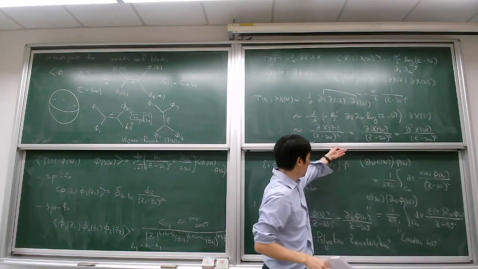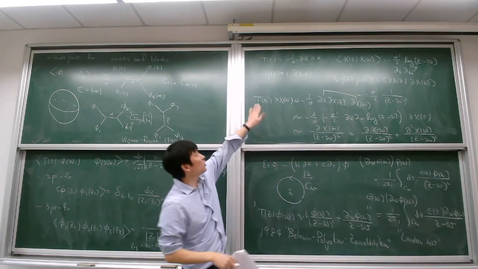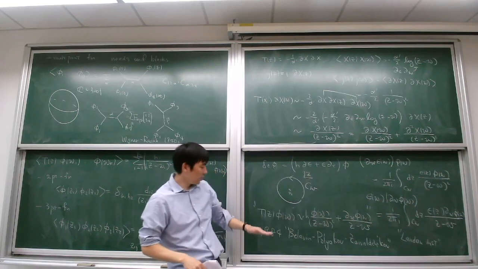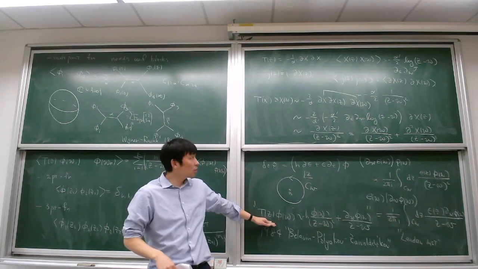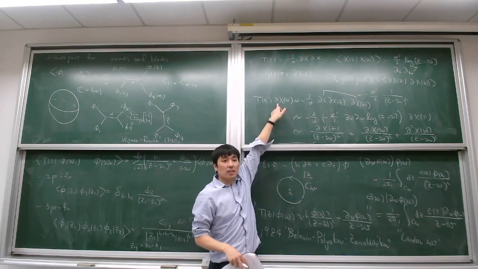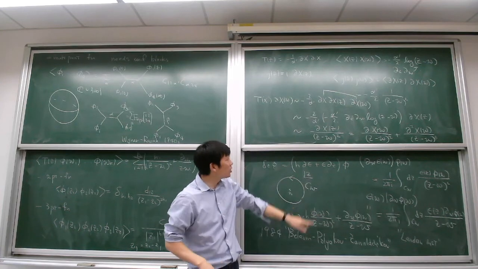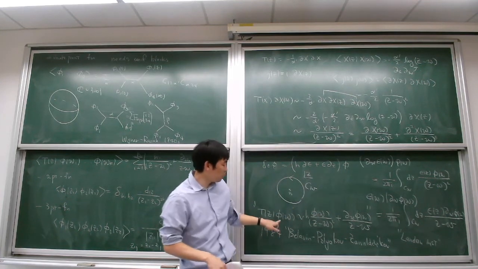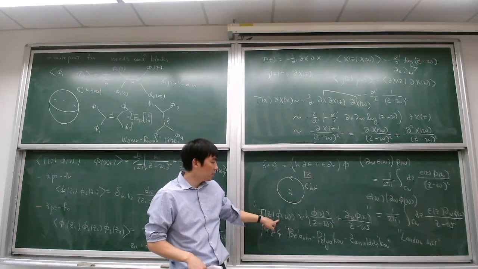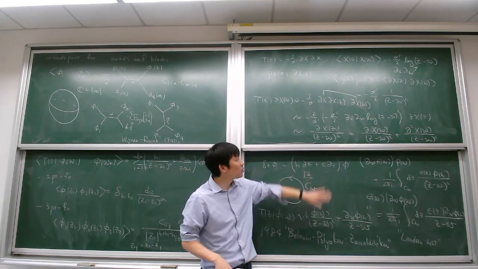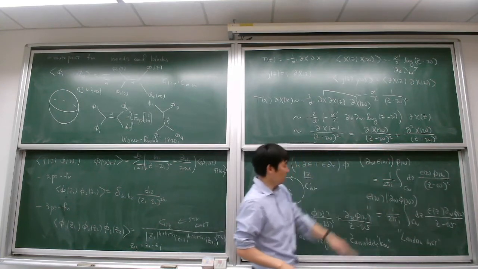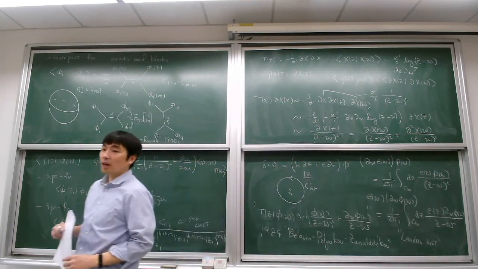Therefore, if you compare with the stress energy tensor OPE of a primary field, one can conclude that this del X is a primary field. If you replace phi by del X, what is the conformal dimension of del X? What is h for del X?